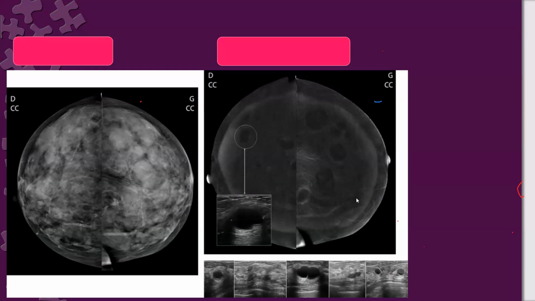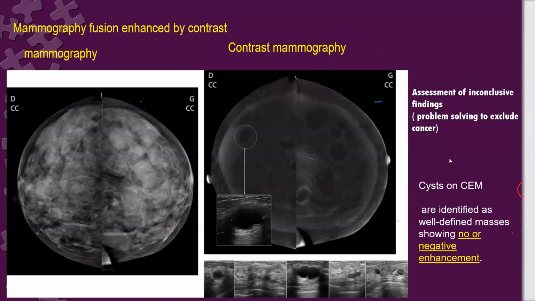But based on the contrast study, the contents inside the cyst are not soft tissue, they are not enhancing. So it helps in that way.